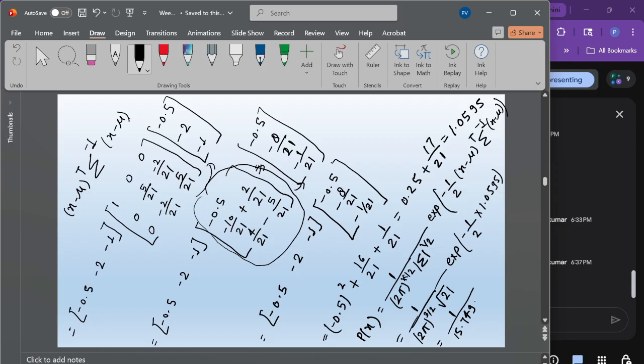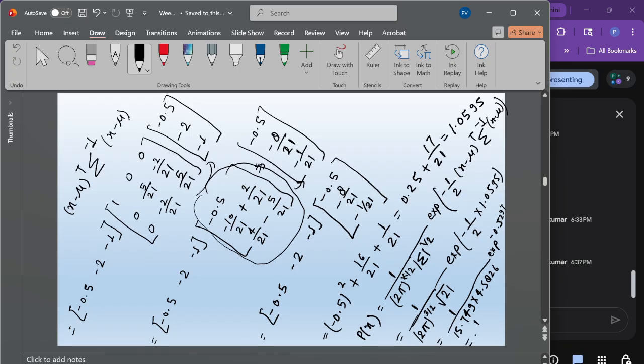Okay, so now if you further calculate this value, you will get 15.749, and root 21, if you calculate, you will get 4.5826, and the exponential of that, you will get minus 0.5297. Okay, so now if you further multiply you will get 72.17, and the exponential of this value you will get 0.5887.